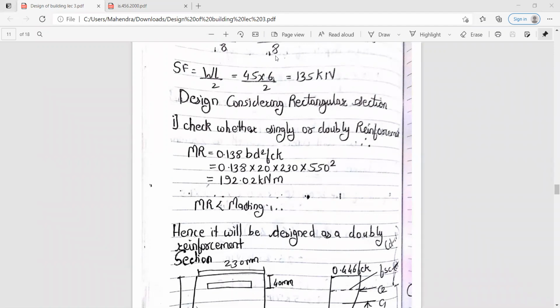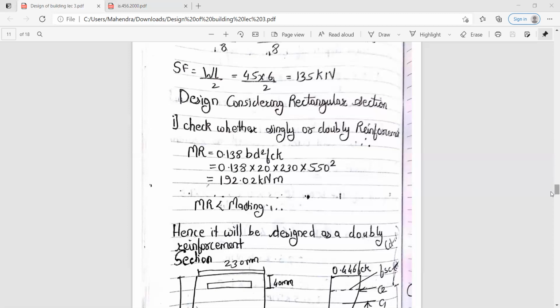So moment of resistance calculate करने के लिए आपके पास में formula है, that is 0.138 BD square FCK. So substitute the values of width, depth and FCK. FCK is 20, B is 230 and the depth is 550. So moment of resistance आपको मिलता है 192.02 kilonewton meter.